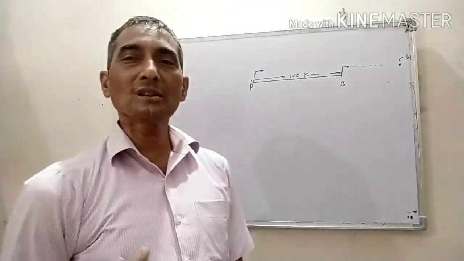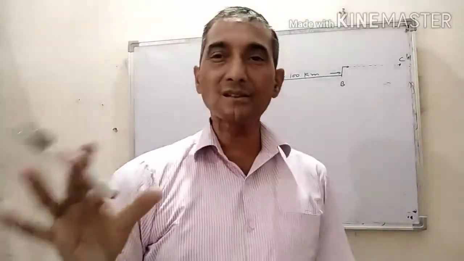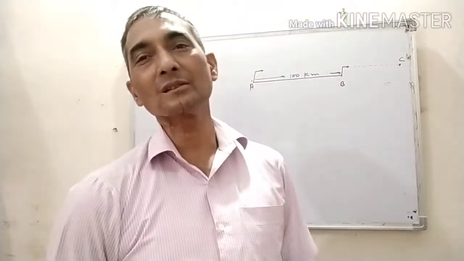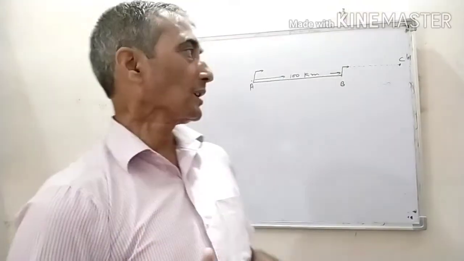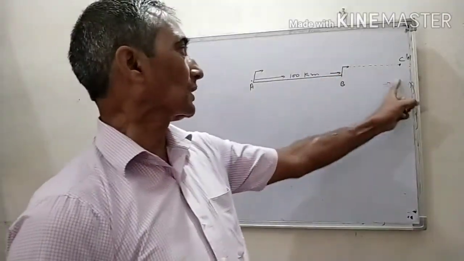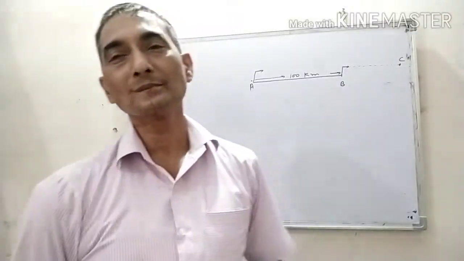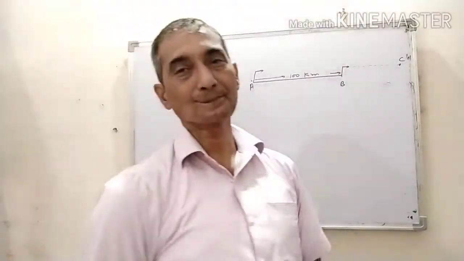So you can say that the difference between the distances traveled by car A and car B is equal to A to C minus B to C. That means 100 km.